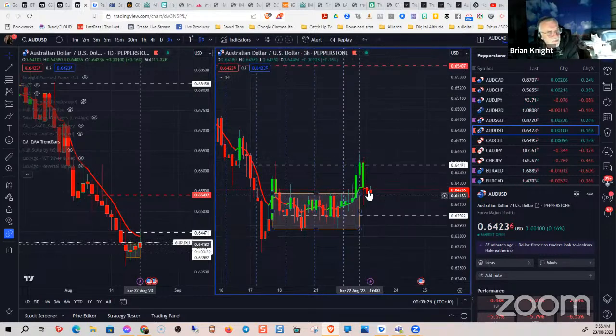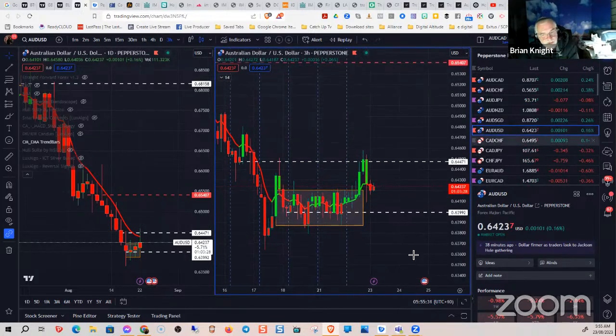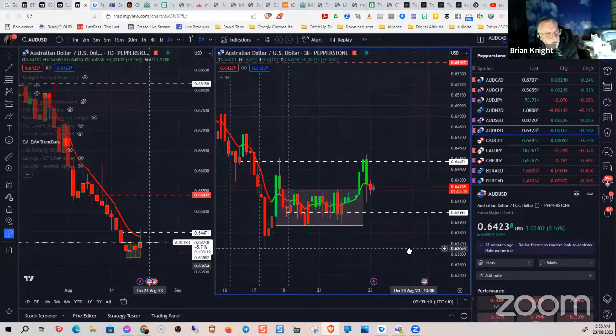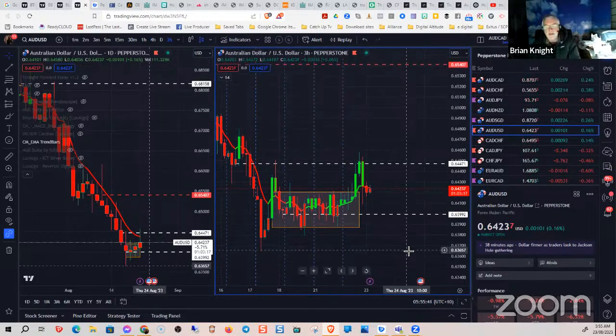This for me is potentially an opportunity to get into another sell on AUD USD. All right, I went into drawdown, now it's come back. It just depends what it'll do over the next 24 to 48 hours. Let's say Wednesday, Thursday.